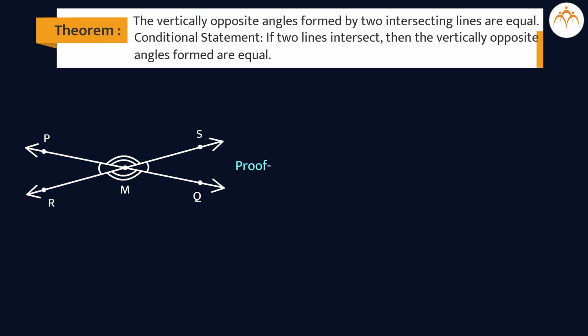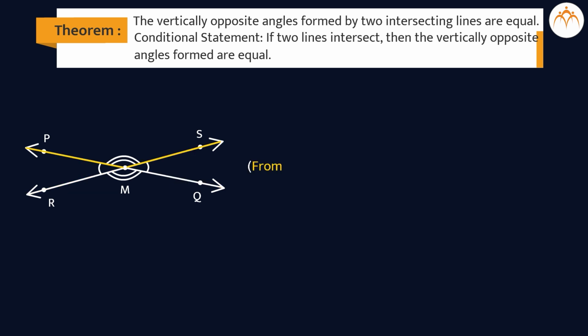Let's see. Proof. Angle PMS plus angle QMS is equal to 180 degrees. Right? This is equation 1 because they are a linear pair. Then angle QMS plus angle QMR is equal to 180 degrees. This is equation 2 because they are also a linear pair.